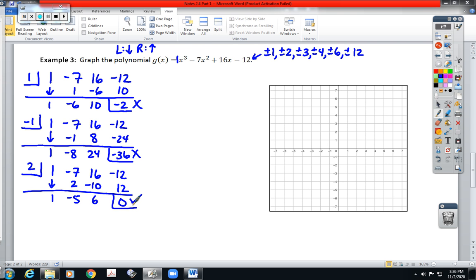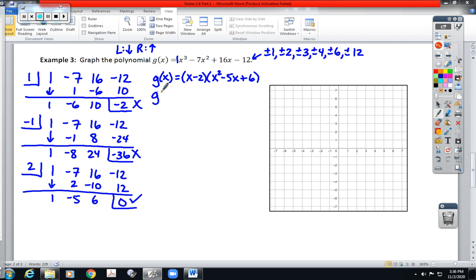Okay, so because 2 works, that tells us that g of x factors into x minus 2, because 2 is the number in the box. And then a trinomial made up of these numbers down here. 1, negative 5, positive 6 would be 1x squared minus 5x plus 6.